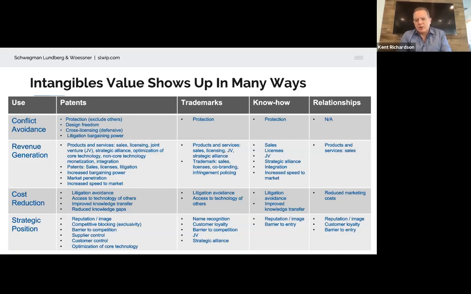So a classic one in Silicon Valley, where we do a lot of high-tech company work, is the counter assertion value of the patent portfolio. If somebody comes after us for patent infringement, what do we have in our portfolio that we can use to counter assert against that company? And that value, you can actually put some parameters around it and get a sense of what the numbers look like to see if you might be over-invested somewhere, under-invested, have a fair bit of exposure.